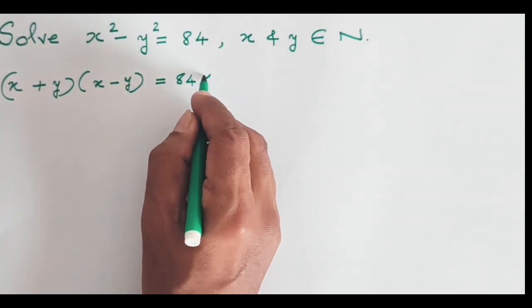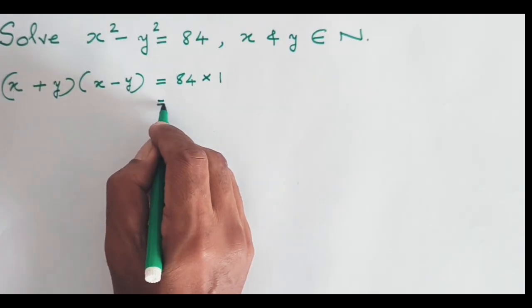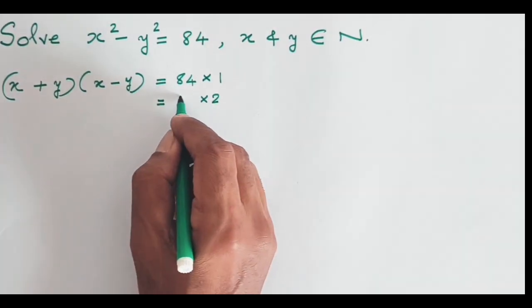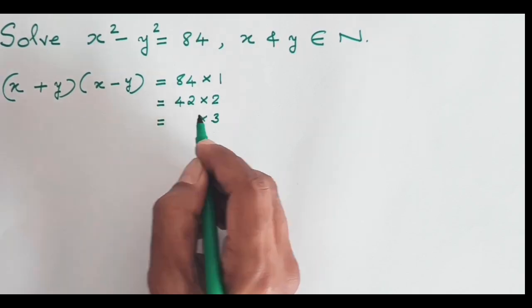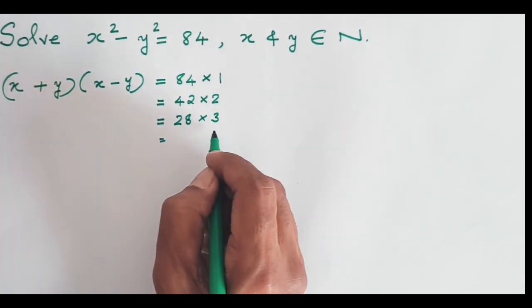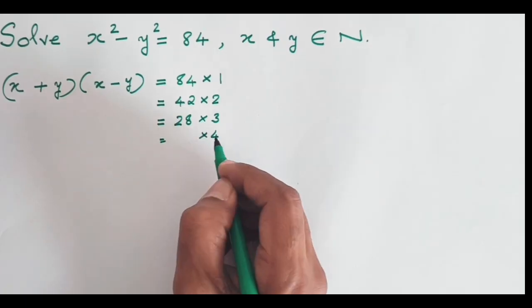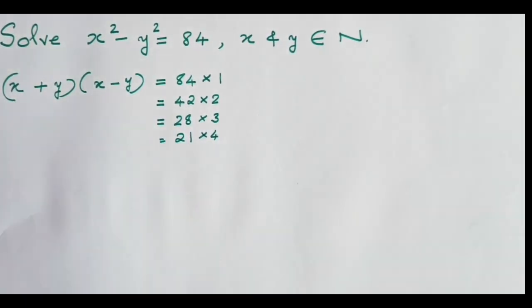So first, of course, 84 multiplied by 1. The second one, 2 multiplied by 42. Third one, 3 multiplied by 28. Fourth one, 4 multiplied by 21.